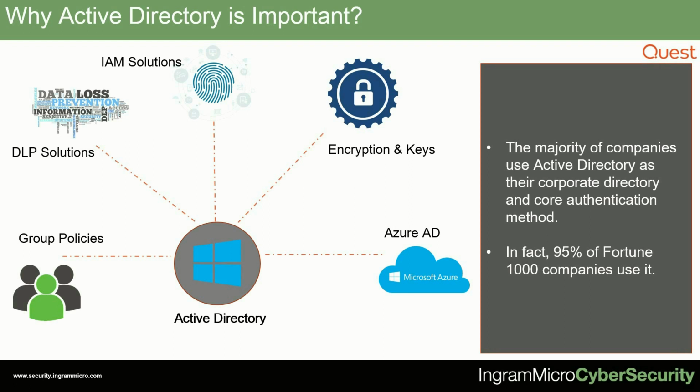Then you have dependent solutions like our identity access management solution, file and folder encryption, and integration with cloud offerings by Microsoft like Azure AD or Office 365, and so on. So Active Directory becomes an important member here. Every solution relies on Active Directory, and you have to ensure that in the event of failure the Active Directory is available. You need to check the integrity of Active Directory.